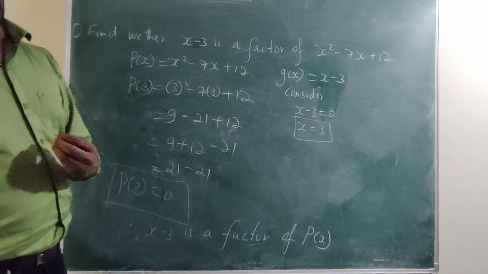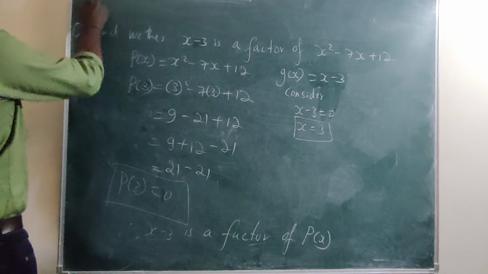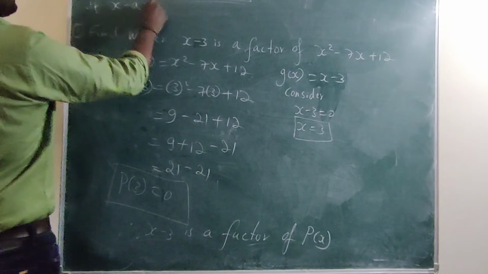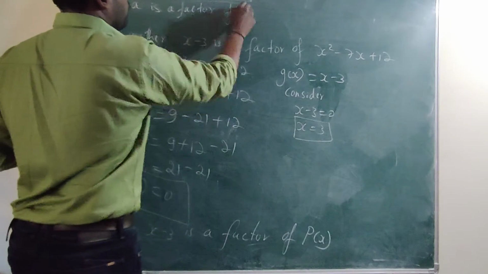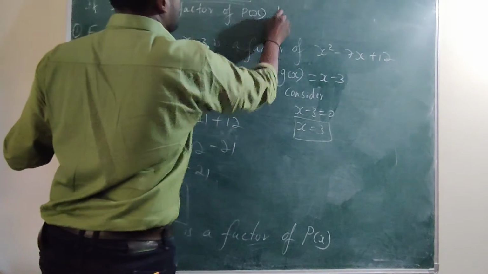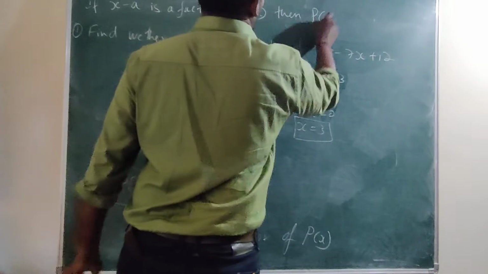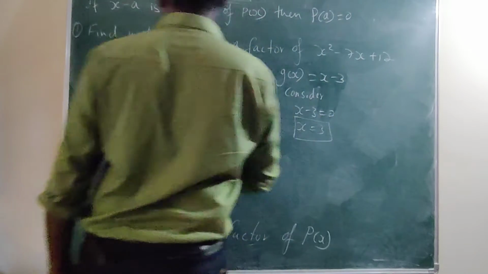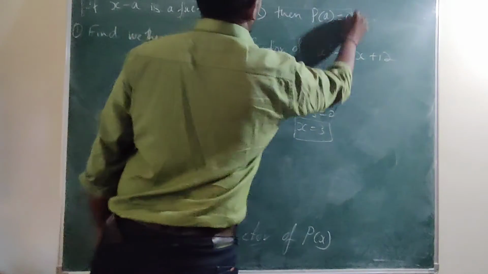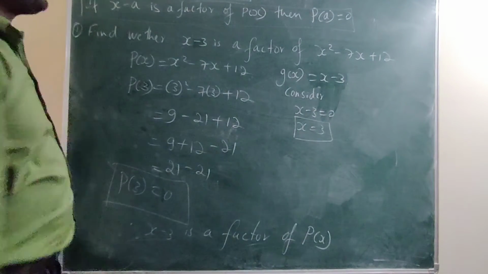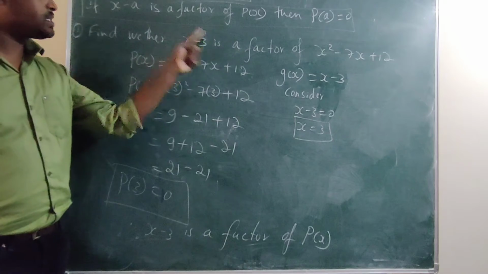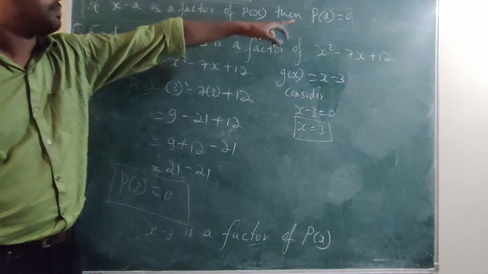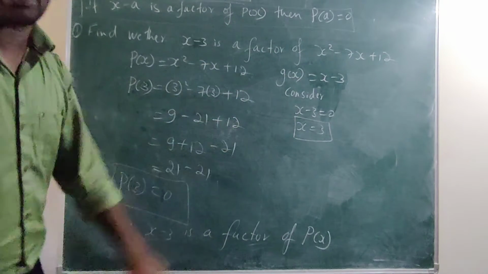How we can write the factor? If x minus a is a factor of P of x, then P of a is equal to 0. What is this? Factor theorem statement, students. If x minus a is a factor of P of x, then P of a is equal to 0.